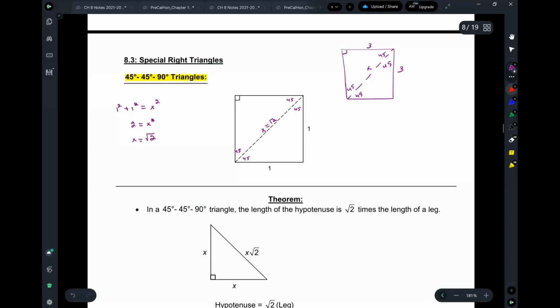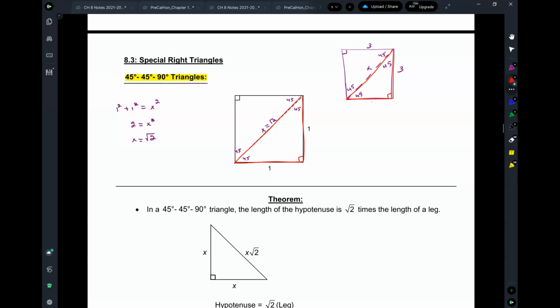So take a look at what we had here. We had a triangle with one angle that's 90 degrees and two 45s. 45, 45, 90. Here too, I have a triangle with 45, 45, 90 as the angles inside.